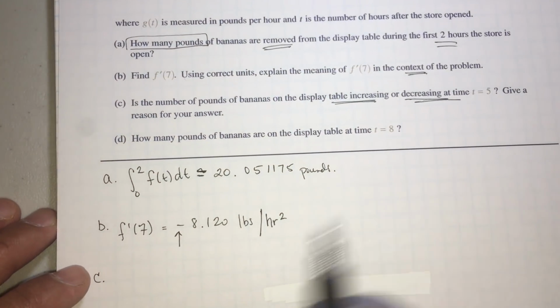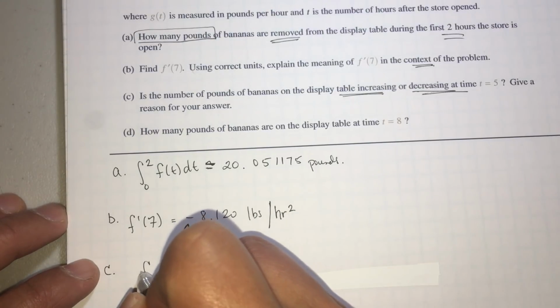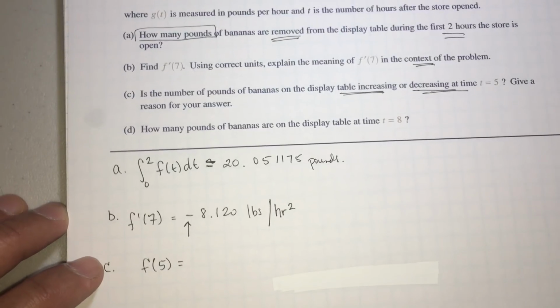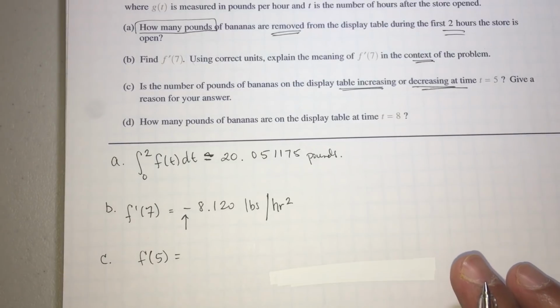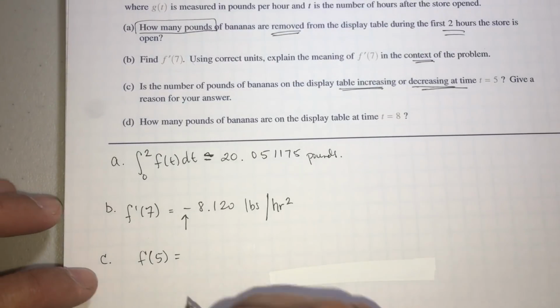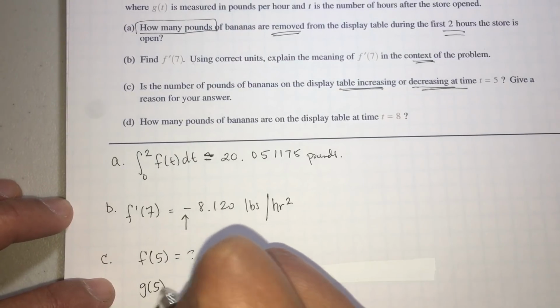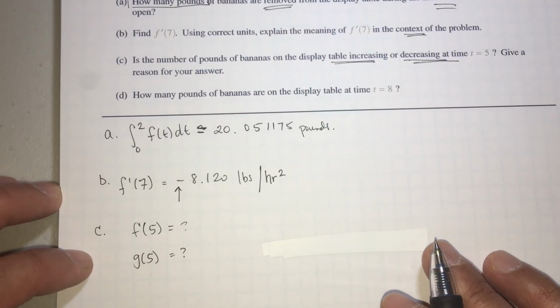Well, let's just go ahead and do the math then. I want to find out what f of 5 is, and you also figure out what g of 5 is. I should have done it on my calculator, but I didn't, and I'm sorry, guys.